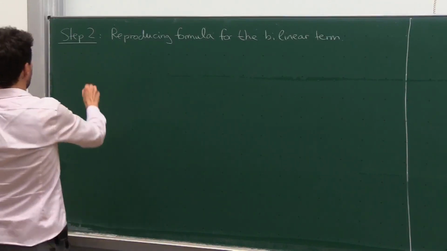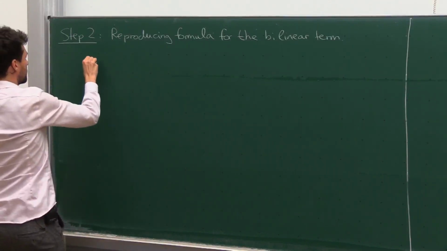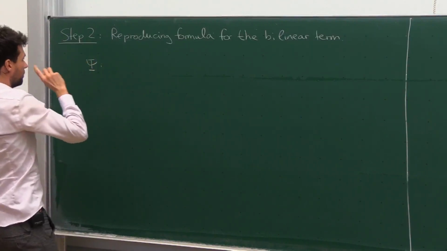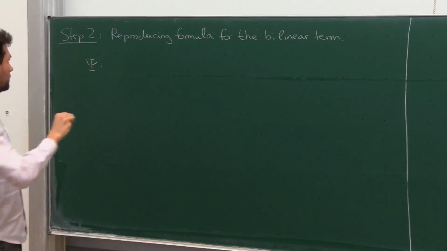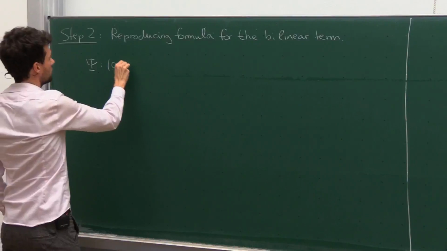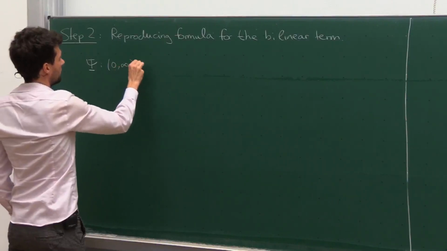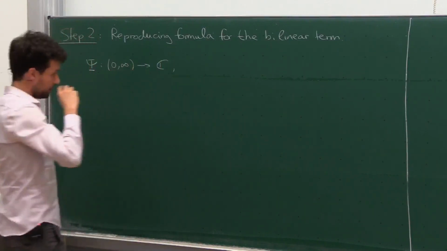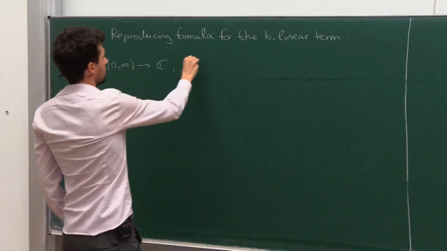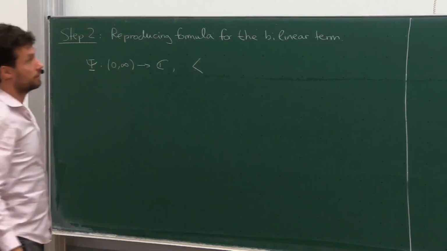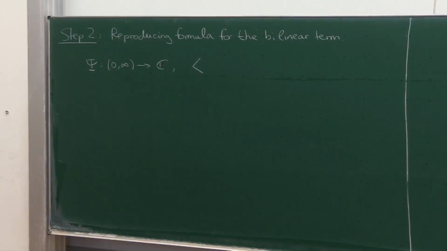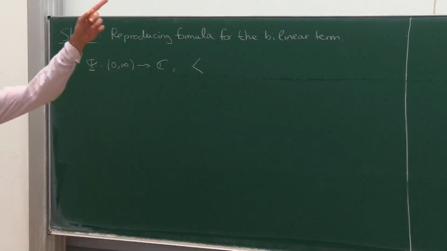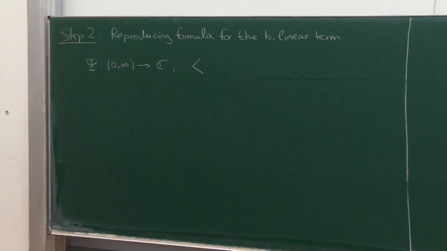And the way I'm going to derive that formula is by using the following auxiliary function, phi, just a function mapping positive real numbers to complex numbers, and it's going to be of such type that when the parameter is 0, then I'm going to reproduce the bilinear term, and I have good control on its derivative.